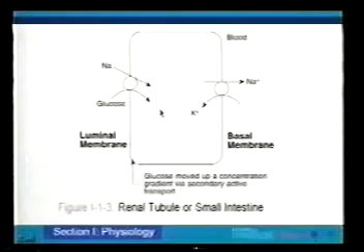Eventually, you are moving glucose from a low concentration compartment to a higher concentration compartment. Therefore, it must be active transport. It is not primary active transport because this protein does not have ATPase activity. The transport of glucose here is secondary to the pumping of sodium by the protein on the basal membrane. It is the pumping of sodium on the basal membrane that supplies the energy for the pumping of glucose on the luminal membrane.